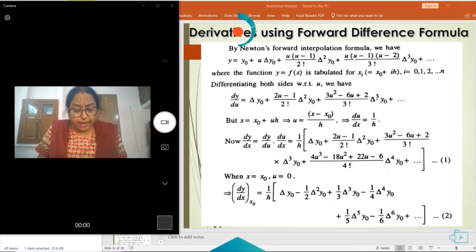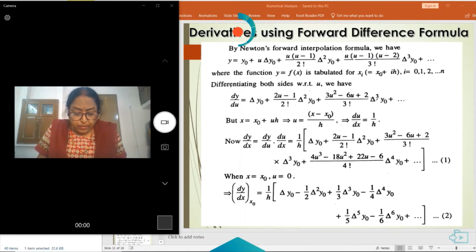From this we can see that du by dx is equal to 1 by h. Now we have to find dy by dx, which can be written as dy by du into du by dx. As we know that du by dx is equal to 1 by h, and dy by du we have calculated before, that is written here.